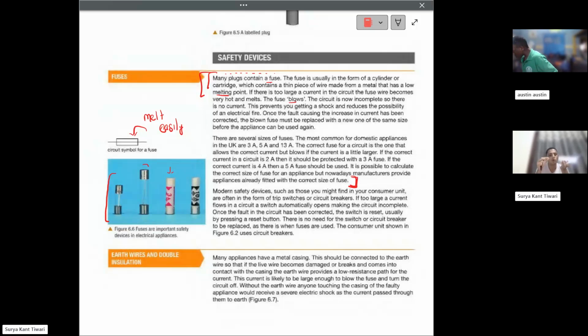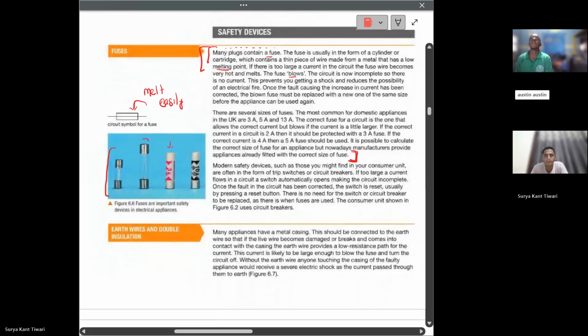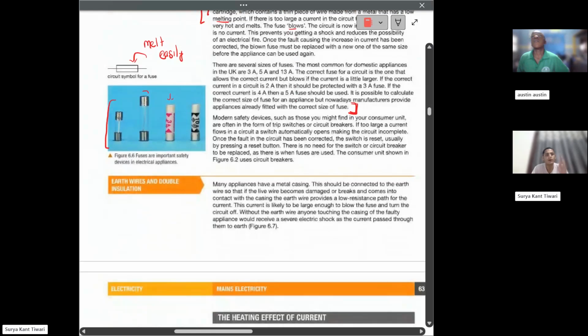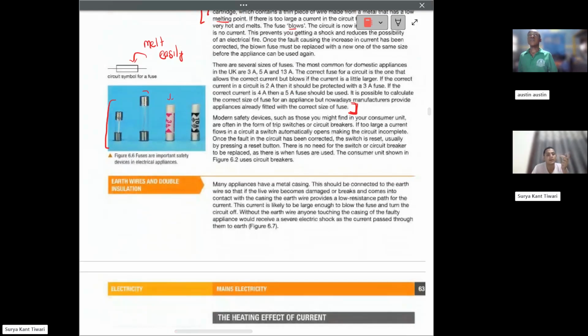That fuse will blow so that the current will stop reaching my mobile, and in this way my mobile will be safe from electricity. So if the current is more in the circuit, the fuse blows, breaking the circuit. If the circuit breaks, then the device is safe, that is, the part after the fuse.